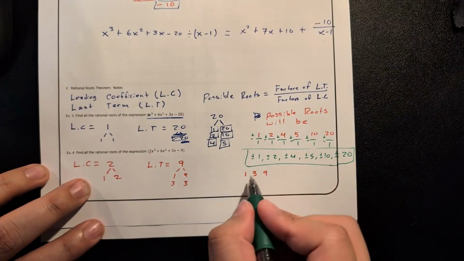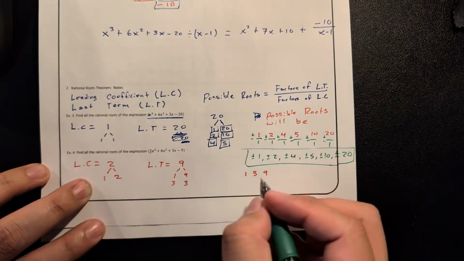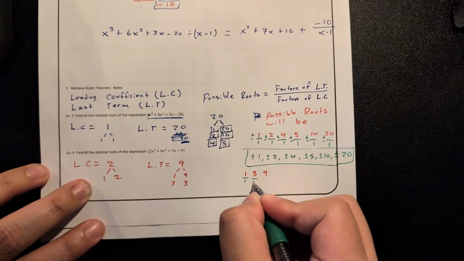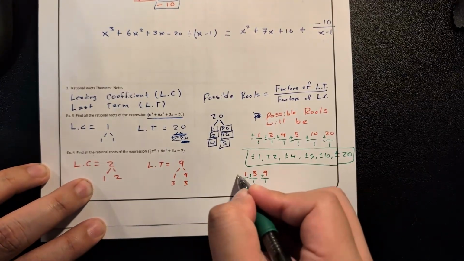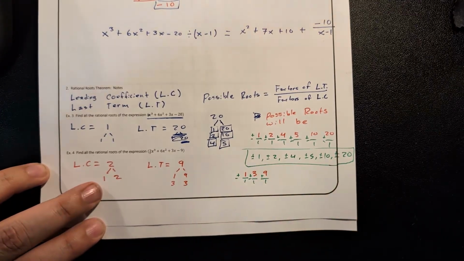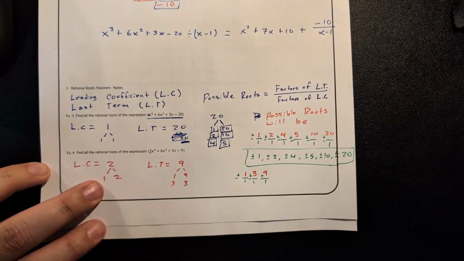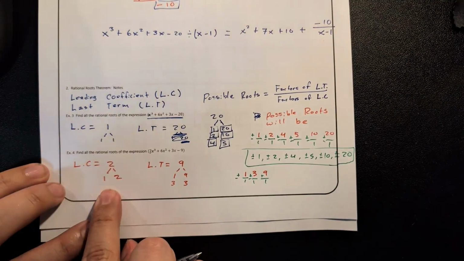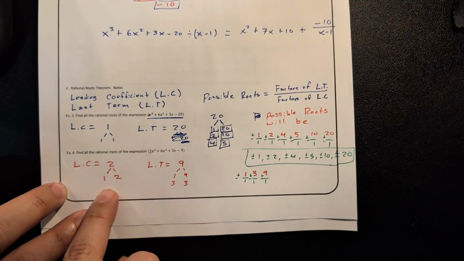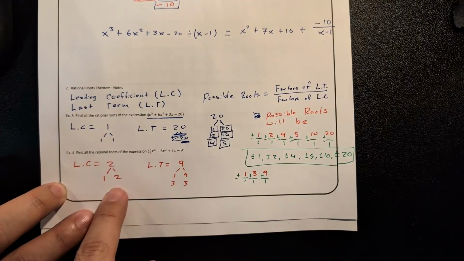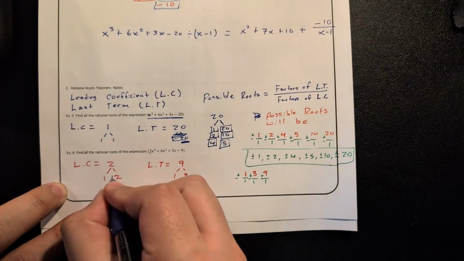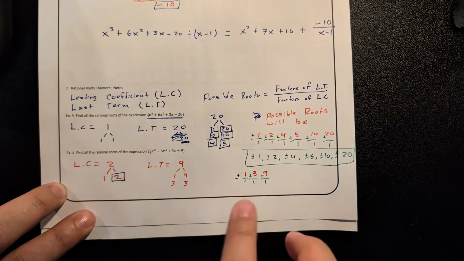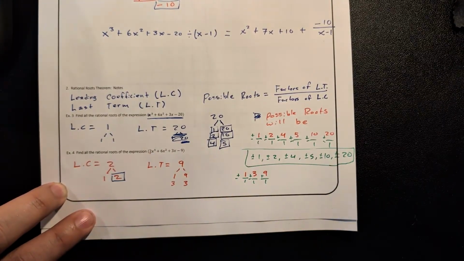Okay, so now we're going to grab one of our LCs and divide it by 1. Divide it by 1, divide it by 1. And then these are all plus or minus. Okay, so here, we are not completely done yet. Since we have another factor of our LC, this 2, we also have to do another one.